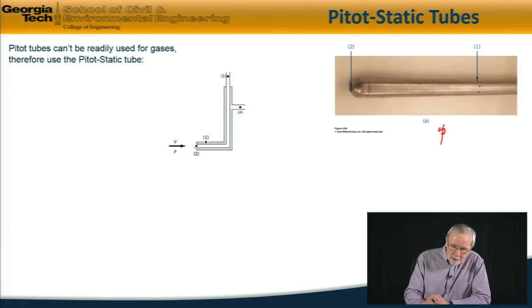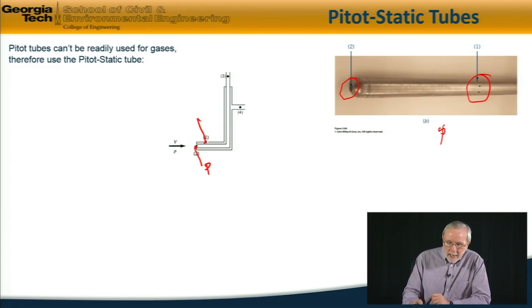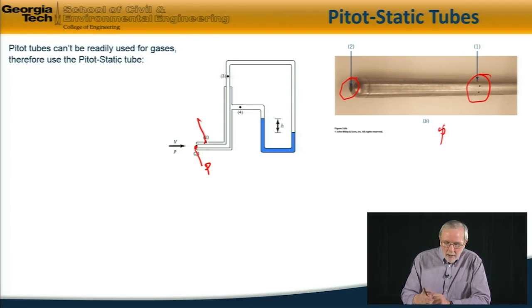The stagnation pressure is read at the tip here, and the static pressure by the side holes here. And these holes, the stagnation pressure tap here and the static pressure taps here, can be seen in the photograph. By connecting those taps to a manometer, we can get a direct reading of the pressure difference between those two.